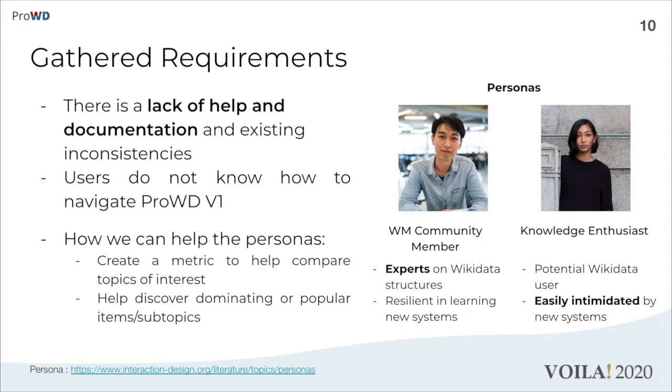So we can help the Wikimedia community member by creating a metric to help them compare topics of interest, because they need a metric that they can easily identify so that they can choose a particular project to focus on. And we can also help the knowledge enthusiast persona to discover dominating or popular items or subtopics in Wikidata. So now we have an understanding of how we can improve Proud so that it helps and benefits the users.